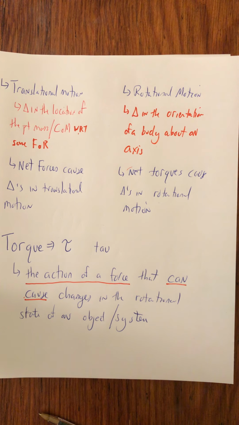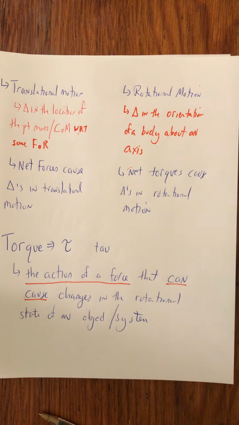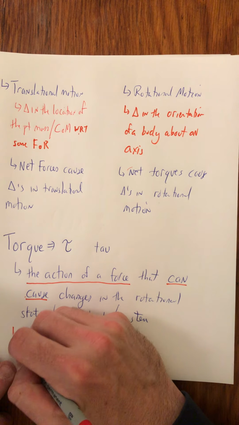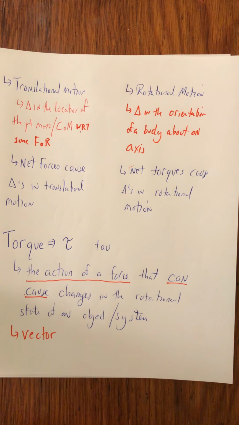Two implications there. One, not all forces cause torques. We'll come up with a condition in a minute as to when they do. Second, can cause means that not all torques cause changes in the rotational state of the object. You need a net torque to cause changes in the rotational state of the object, because torque is a vector and therefore can cancel out.